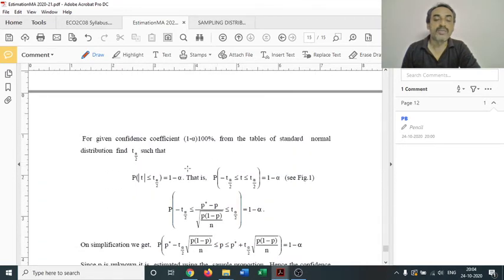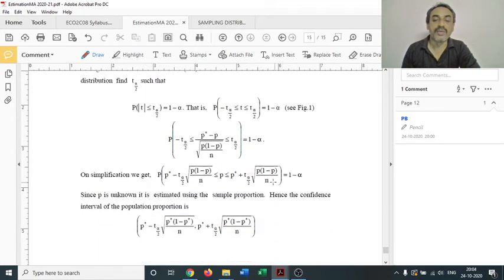So again making use of the same principle, the probability of minus t alpha by 2 less than or equal to t less than or equal to t alpha by 2 equals 1 minus alpha, we have this equation, and the middle variable t is replaced by P star minus P divided by root of P into 1 minus P by n, between the limits, so it will be 1 minus alpha.